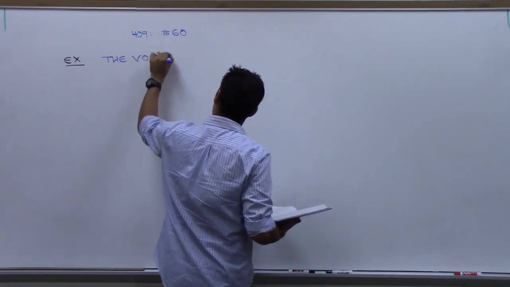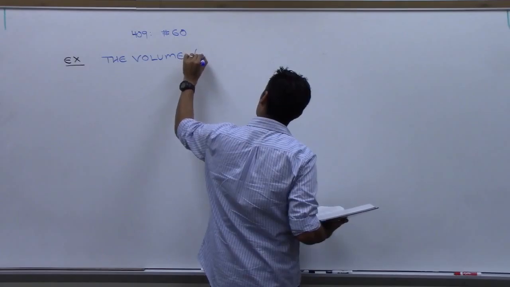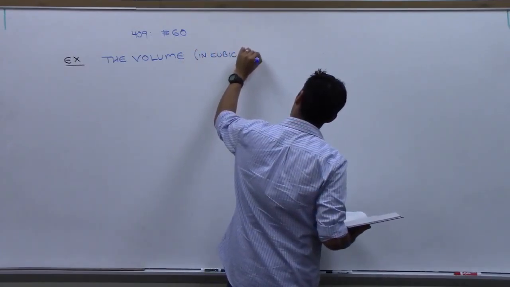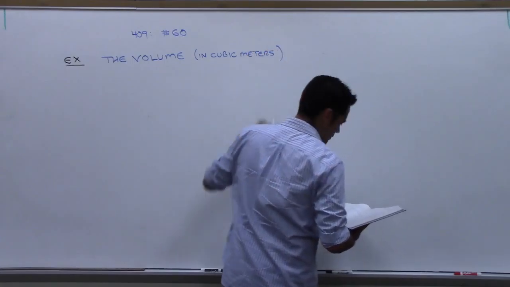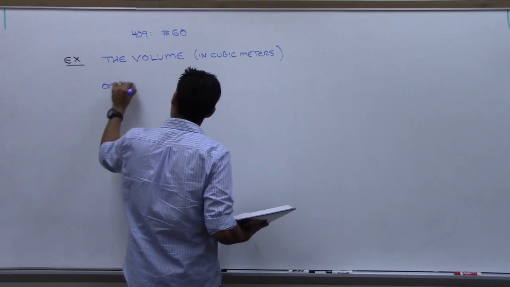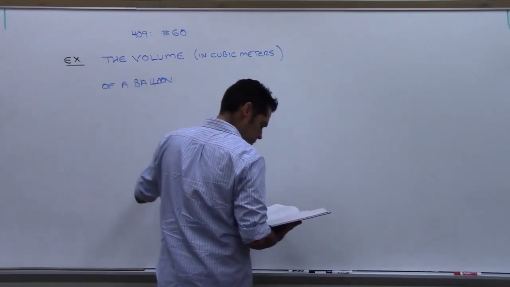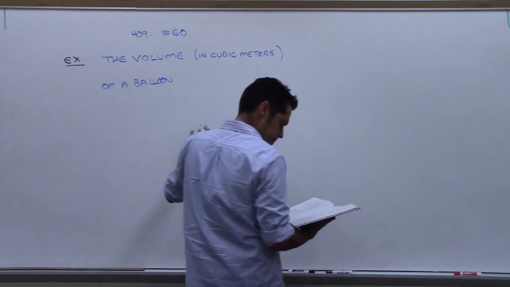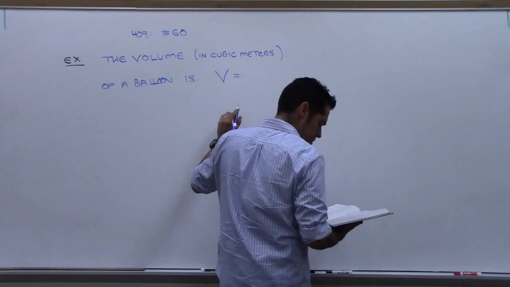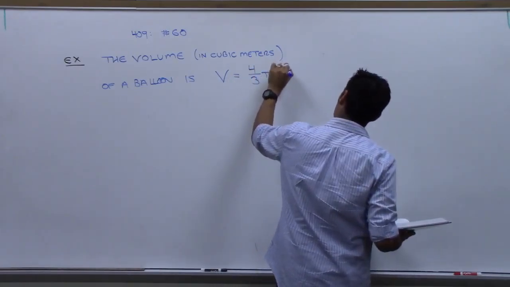The volume in cubic meters of a balloon is V equals 4/3 pi r cubed.